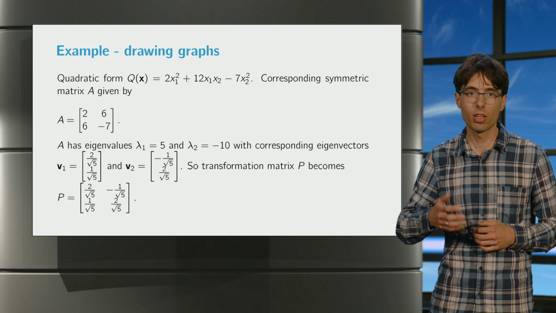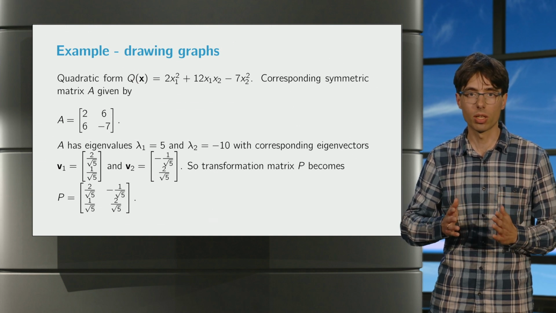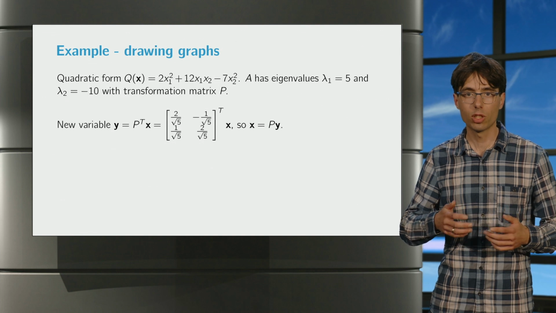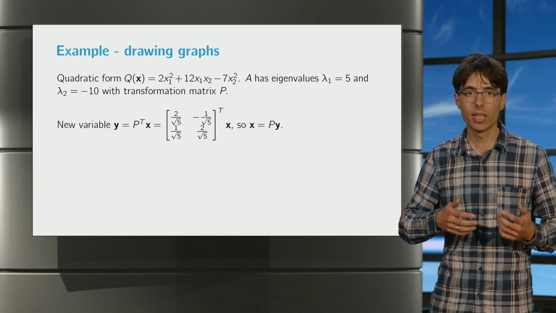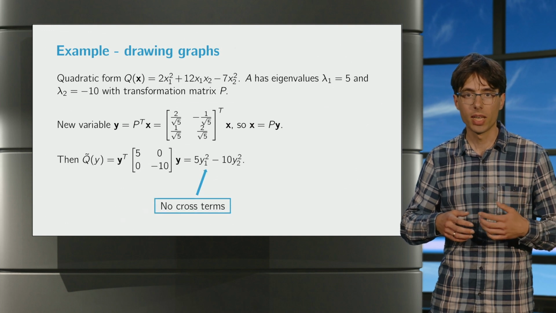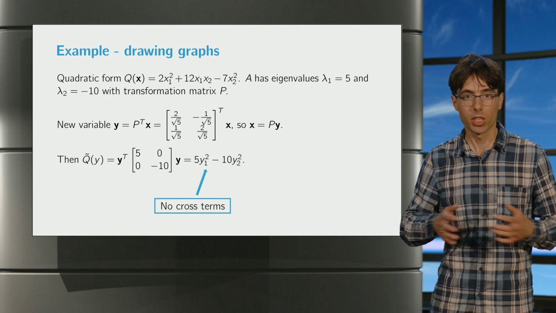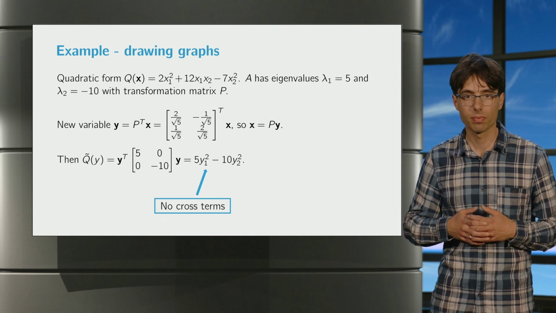So we obtain the following transformation matrix P, which has these eigenvectors as columns. Then, in terms of the new variable y is P transpose x, we find that the transformed quadratic form is given by 5y1 squared minus 10y2 squared, which does not have any cross terms.